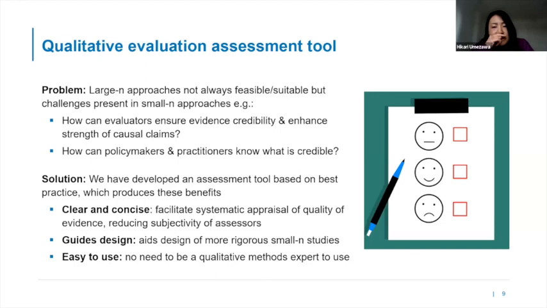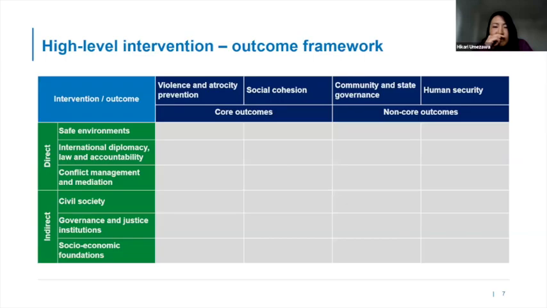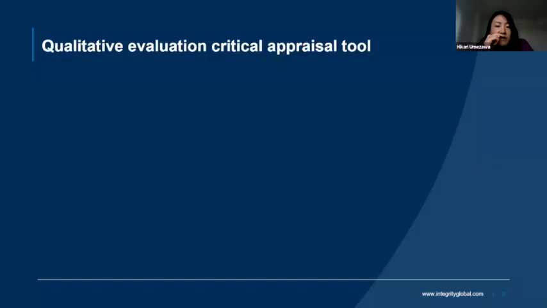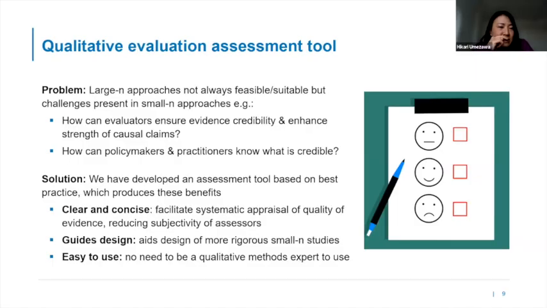There are actually some tools proposed by different organizations to measure the quality of qualitative evidence, but they often don't consider the strength and confidence in the causal claims. So this is why we have developed our own assessment tool based on the best common practices in meta-evaluation.